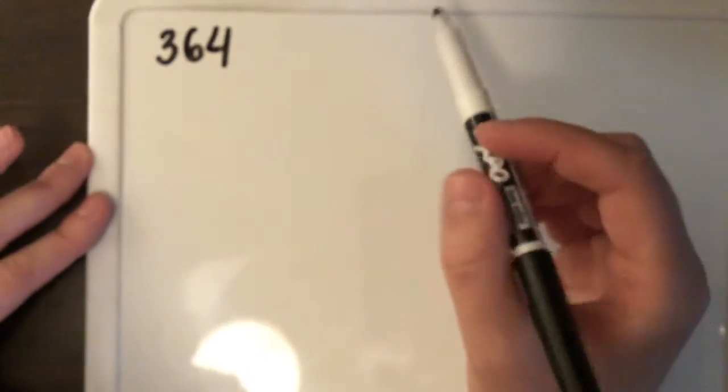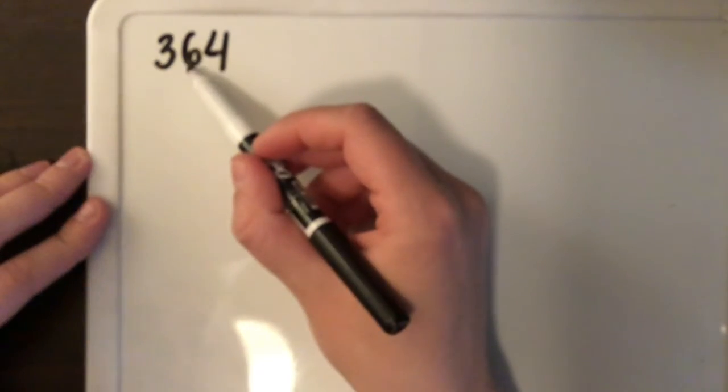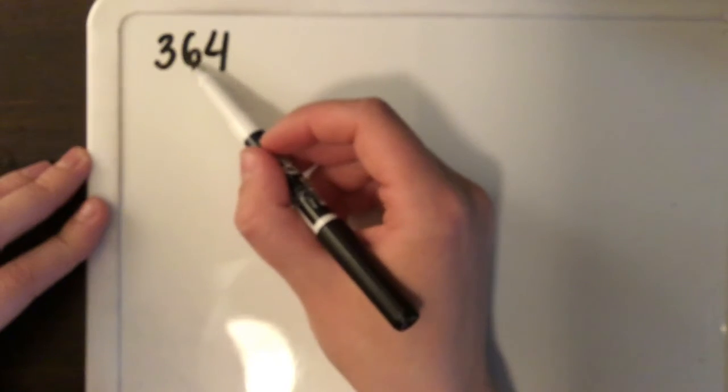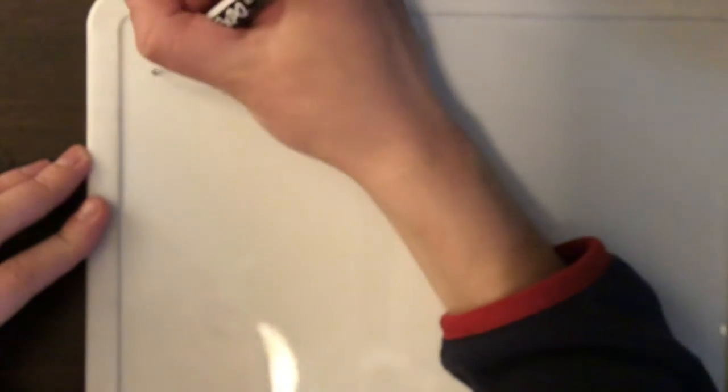Alright, so for my first one, I'm going to start with 364. Now yesterday we focused on the tens place, but today we're rounding to the nearest hundred. So I'm thinking about this 3 here in the hundreds place.